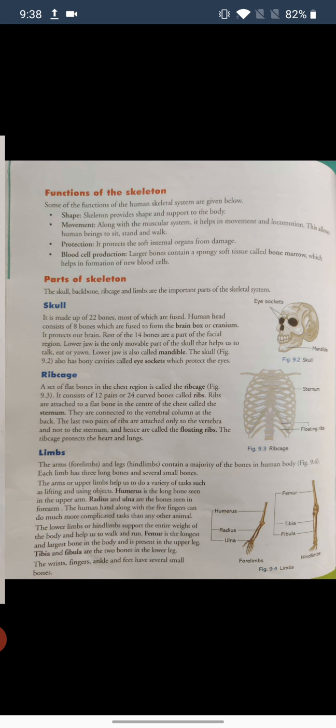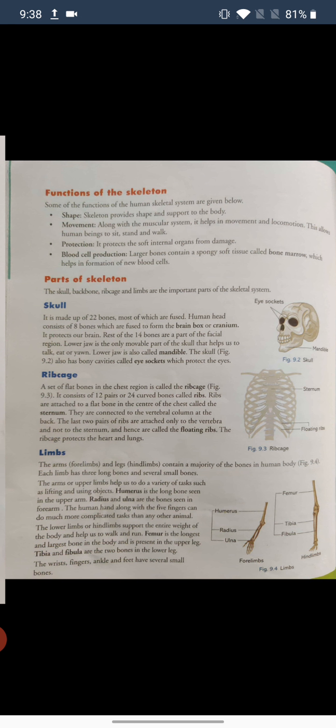There are a total of 22 bones in the skull, most of which are fused. Out of the 22 bones, 8 bones are fused to form the brain box, known as the cranium. The cranium protects our brain. The rest of the 14 bones are part of the facial region.